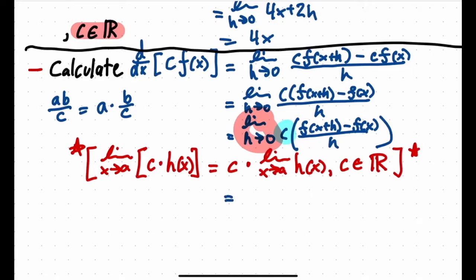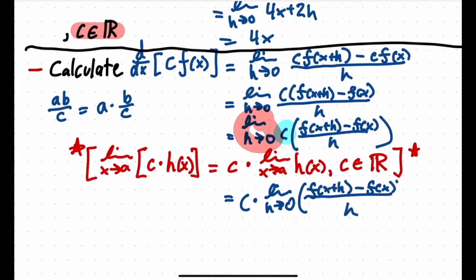So moving that constant out of the limit, we get c times the limit as h approaches 0 of f at x plus h minus f at x over h. And now that looks very familiar, right? That's just equal to c times the derivative of f of x.